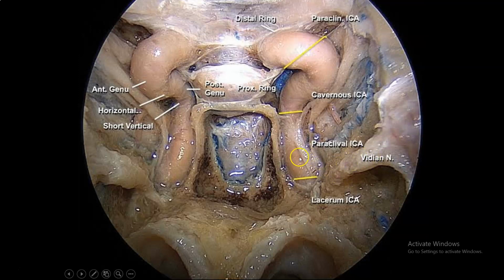Above this nerve, the carotid is lateral to the clivus. Below, it is a bit lateral to the clivus, not immediately lateral to the clivus. Again, sella, clivus, lateral segment of the internal carotid, the medial loop, horizontal segment, anterior loop.